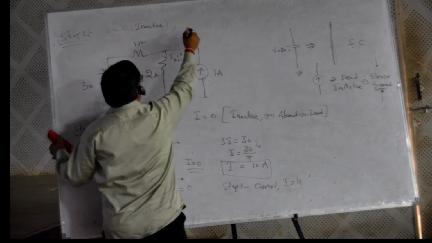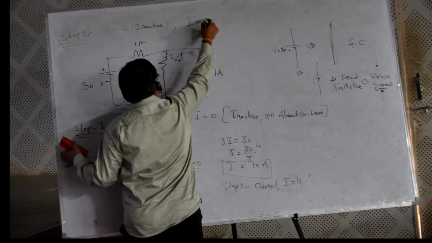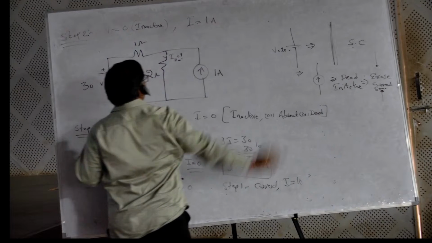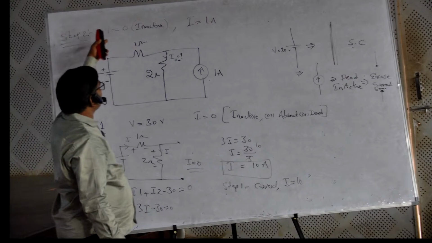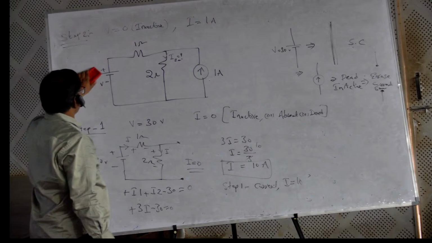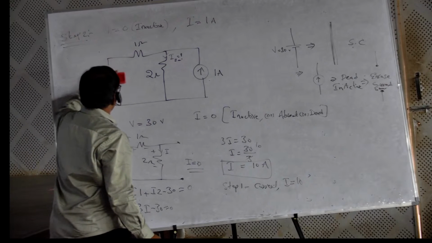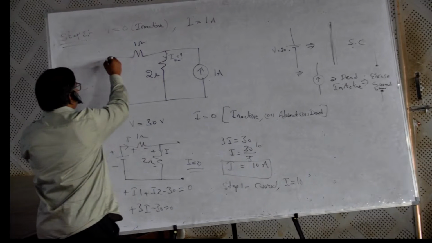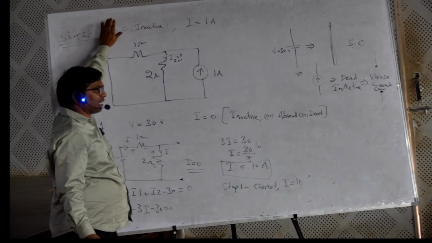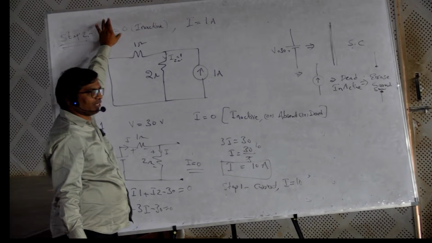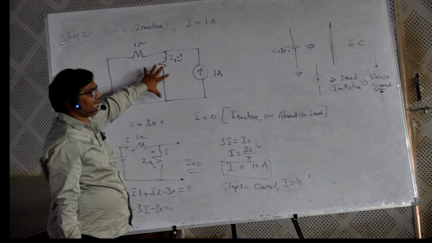And the current is present. How much? 1 amp. 1 amp is flowing in the circuit. Now, with the voltage source inactive, the circuit is remodified like this. So after applying the step 2 condition, the circuit is modified like this.